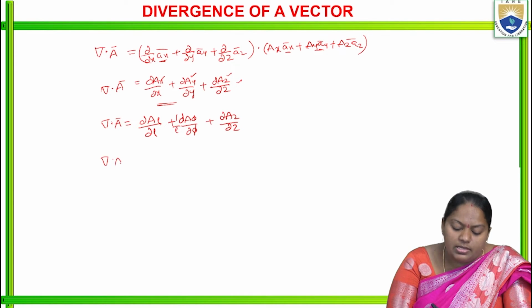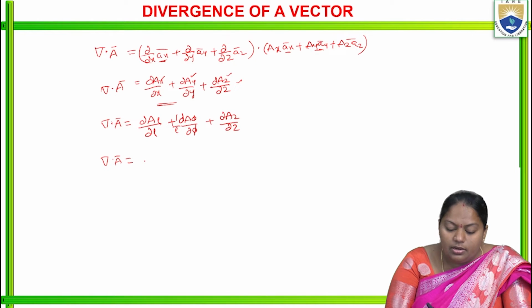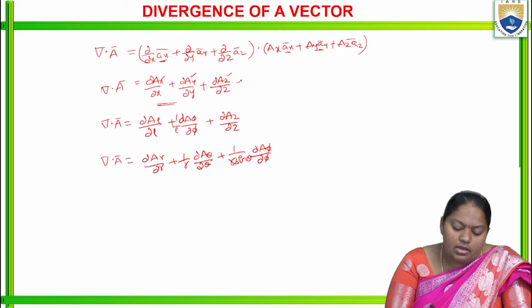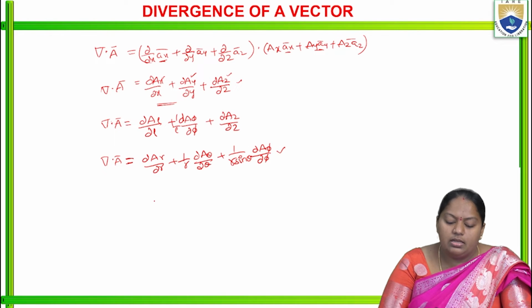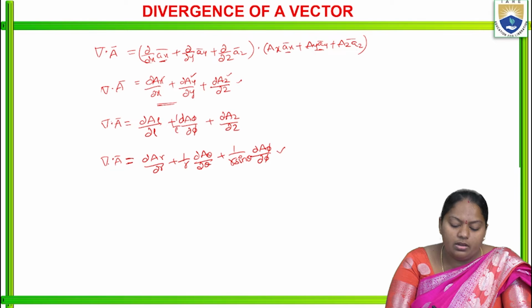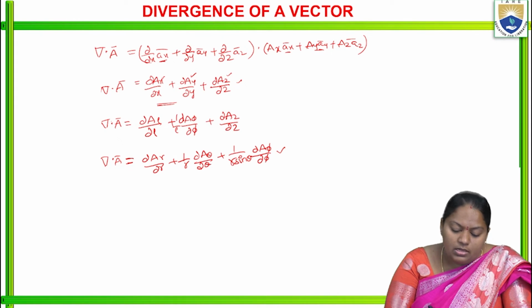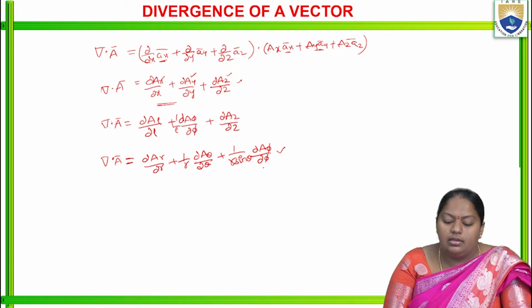And for the third type, del dot A bar can be written as dou Ar by dou r plus 1 by r dou A theta by dou theta plus 1 by r sin theta dou A phi by dou phi. Okay, so del dot A bar is equal to, we can write the equation like this. Del dot A bar equal to dou Ar by dou r plus 1 by r dou A theta by dou theta plus 1 by r sin theta dou A phi by dou phi.